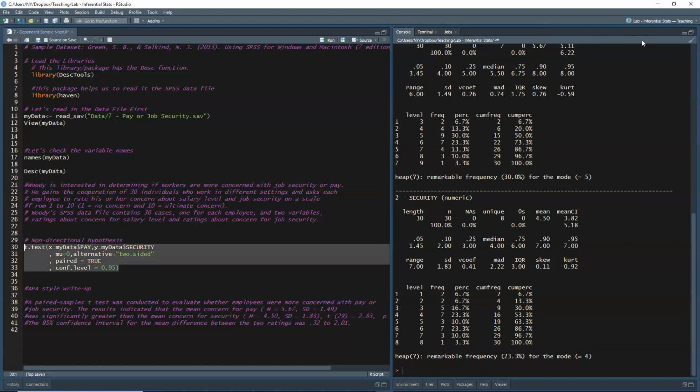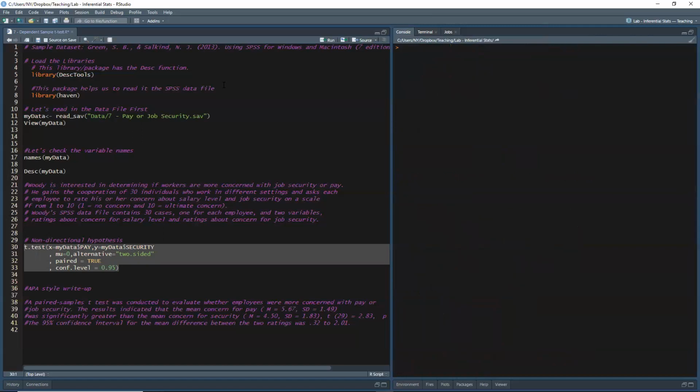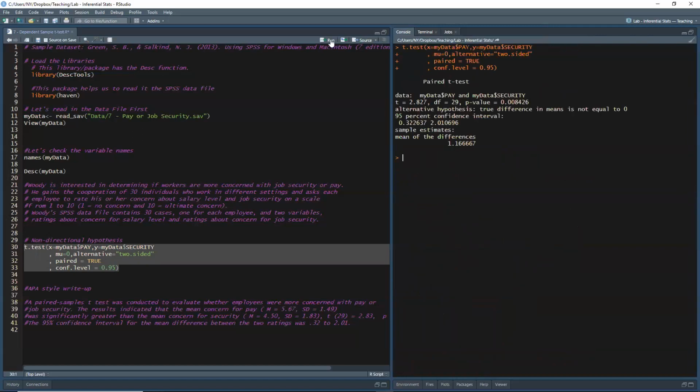But before we run it, let's clear up the console to see the results. Okay, and after we run the analysis, R is telling us that we ran a paired t-test, and the t-statistic is 2.82, degrees of freedom is 29, and the p-value is 0.008.